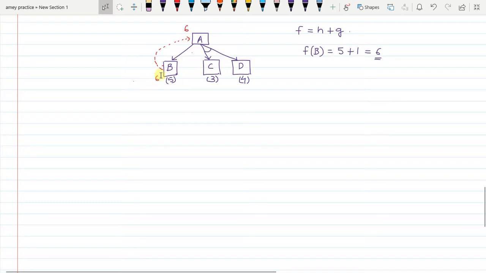Why? Because for calculating this F value of B, this 1 unit cost along this edge is already involved, and that's how the value is 6. So the same value will be back propagated to the parent. But if this is further back propagated, then the unit cost along the further edge will be considered. So from A, suppose there was another parent node, then that parent node would have got backup value 6 plus 1, 7.